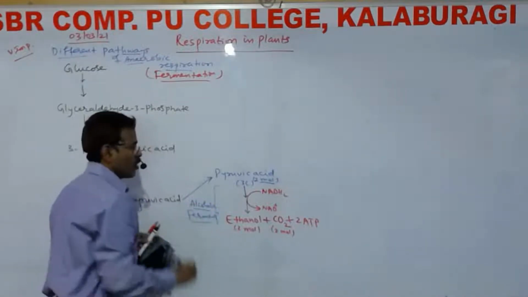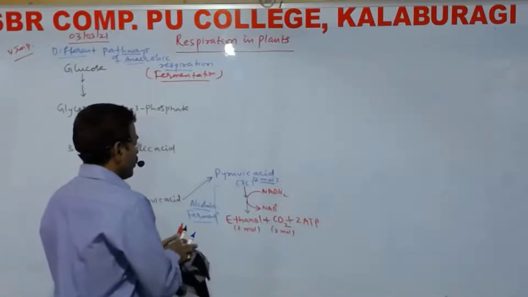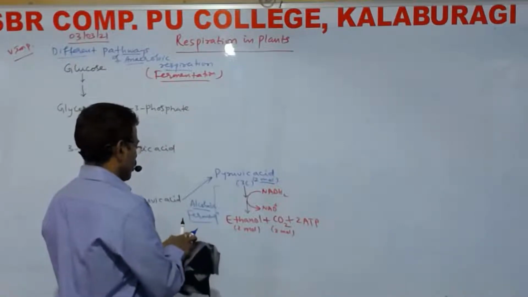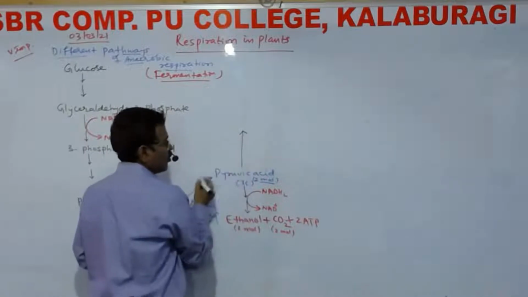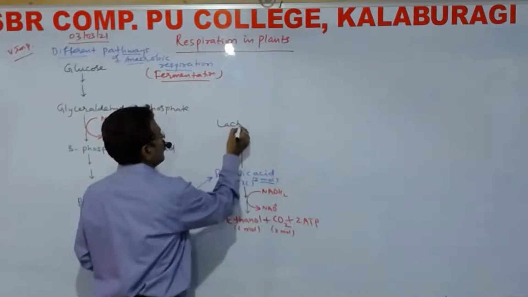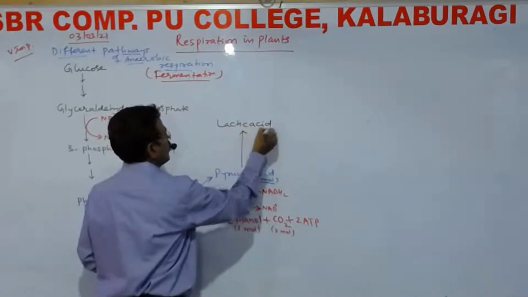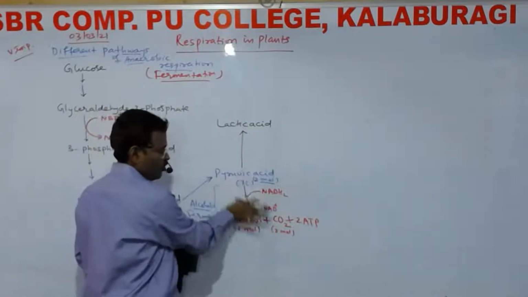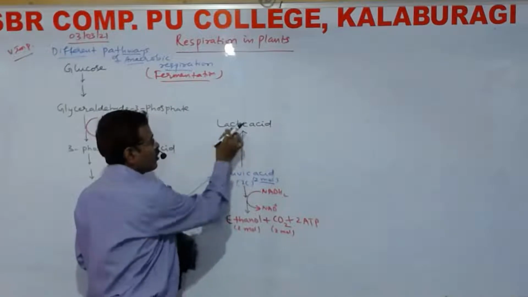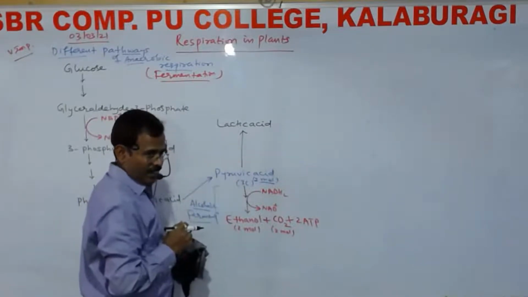This is alcoholic fermentation. Then another possibility, what you can see here now, that is lactic acid. Pyruvic acid, if this is not there, can be converted into lactic acid.